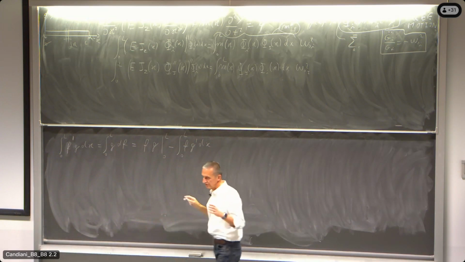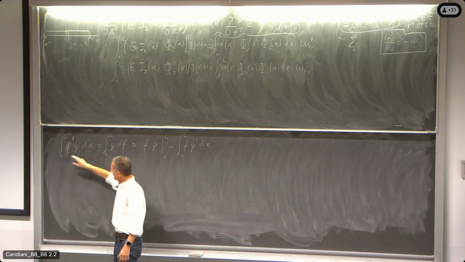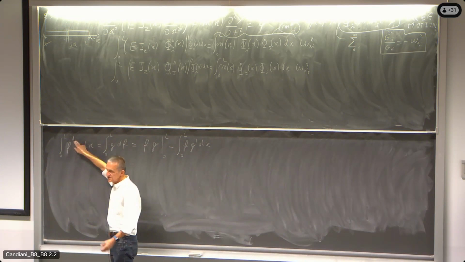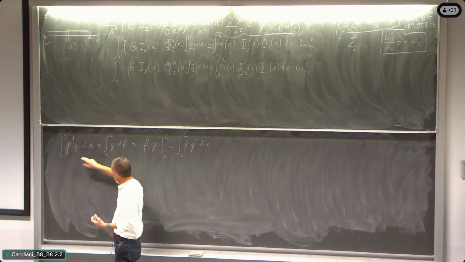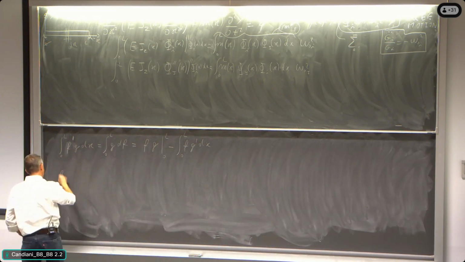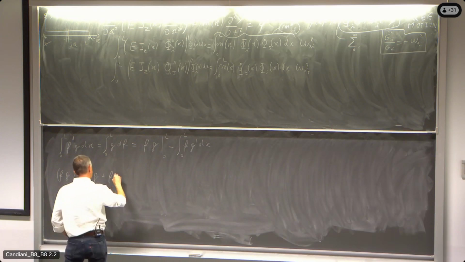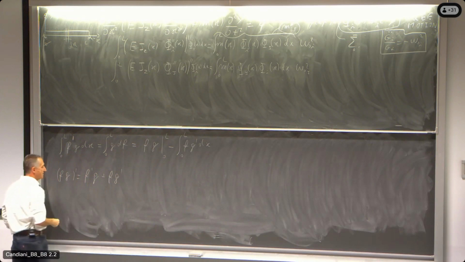Is it clear what I did? The integration by parts is this: you have a function, you recognize that this is the derivative of something, and so you can write it like that. All of that comes from (fg)', so it comes from here.